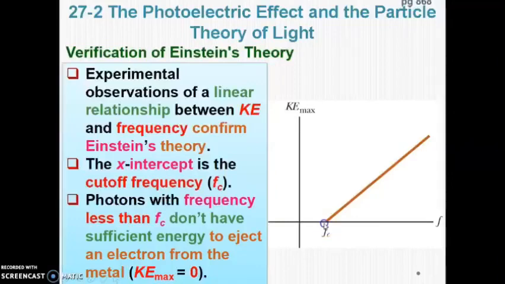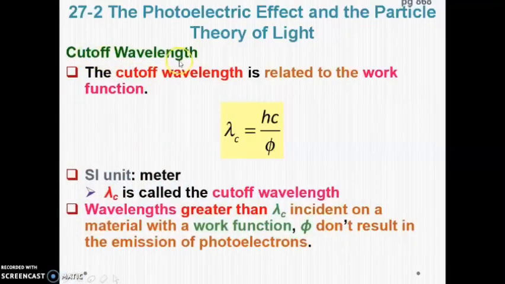Okay, cutoff wavelength. The cutoff wavelength is related to the work function. Here lambda c is equal to hc divided by the work function. So when your frequency is equal to the cutoff frequency, automatically your Ke max becomes 0.